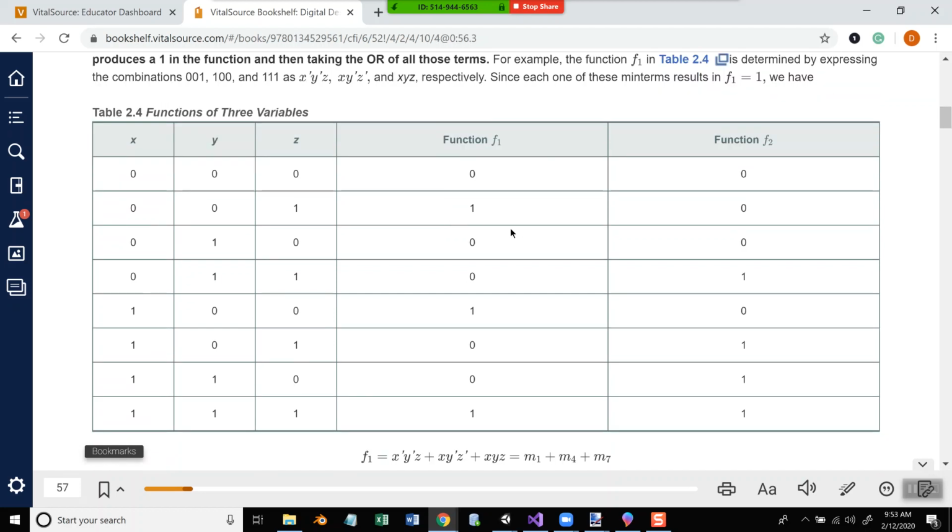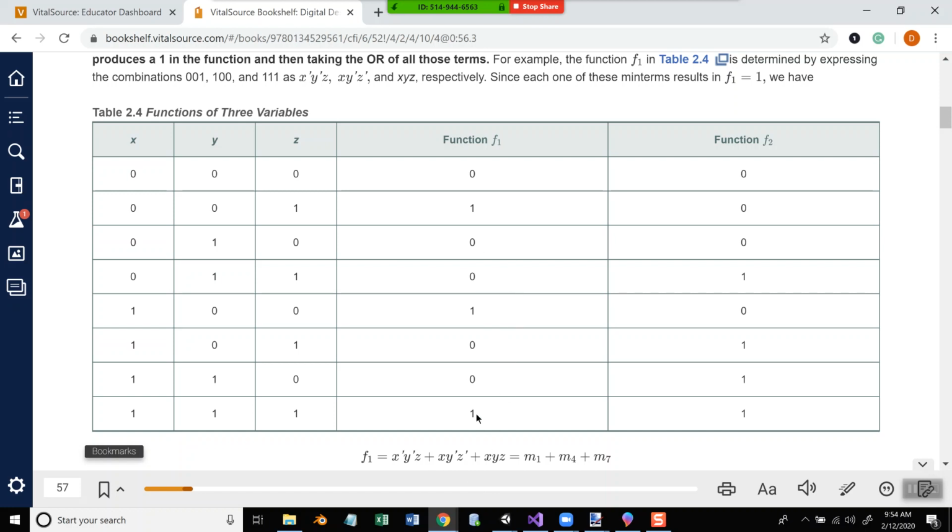So for here, we got a 1, and this is 0, 0, 1, which would be x prime, y prime, z. We have a 1 down here, and this would be x, y prime, z prime.